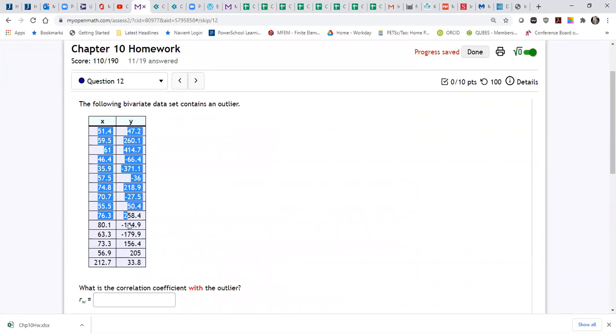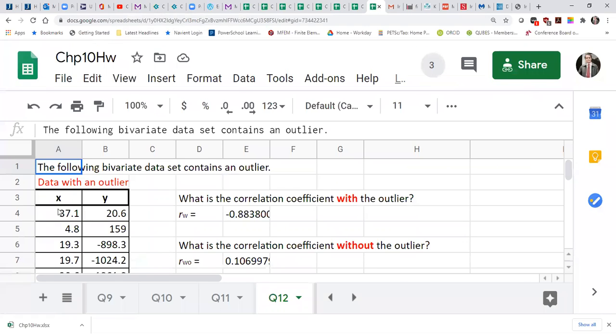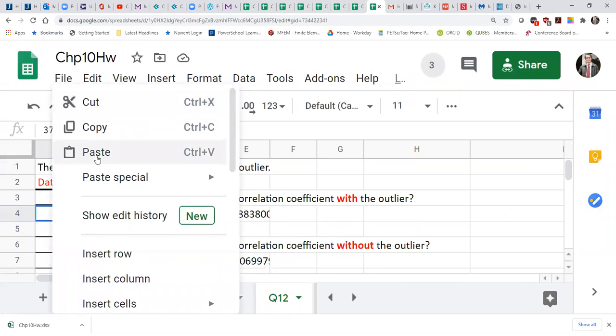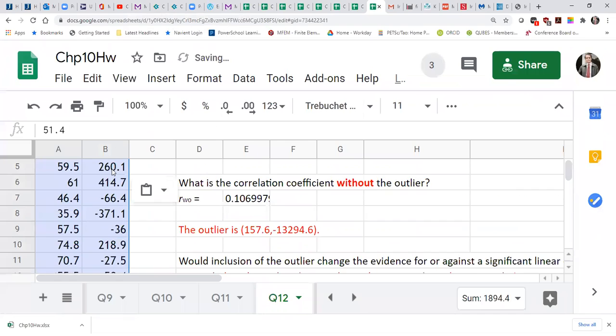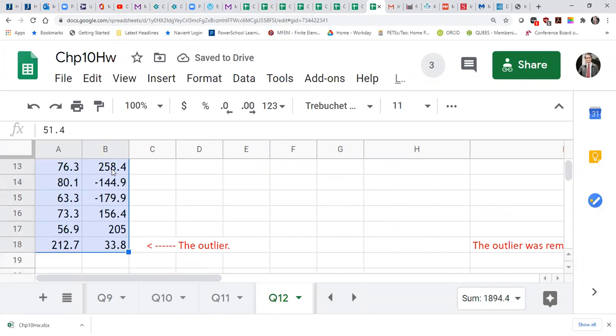Yeah, the same thing. Put it here, right click, copy, paste. So you can see the last data is like an outlier because it looks different compared with the other data, right?